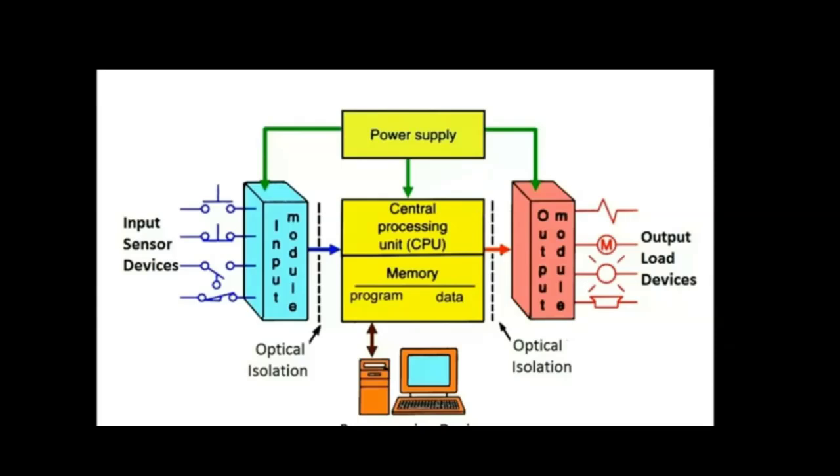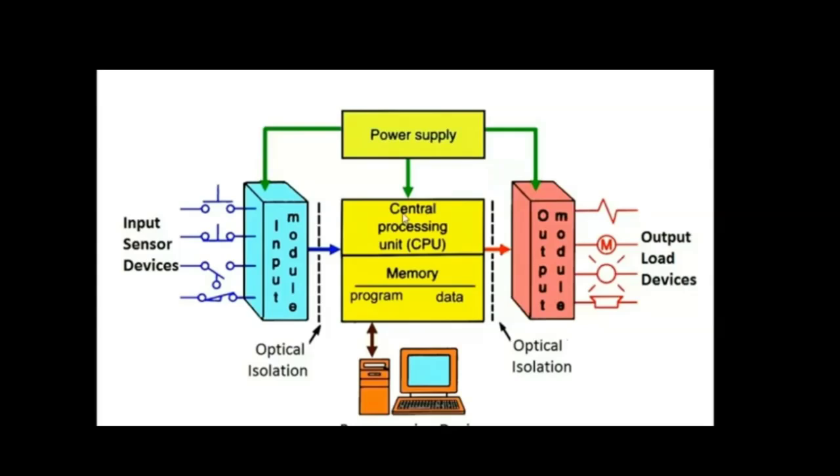Again, the zeros and ones cannot be used for controlling load devices like motors and control valves. They cannot be controlled from the direct output of the PLC or the direct output of the processor. So first they need to be converted again into a 0 to 10 volt signal, or 4 to 20 milliampere signal, or 0 or 24 volt signal, so that we can operate our external devices through the output.